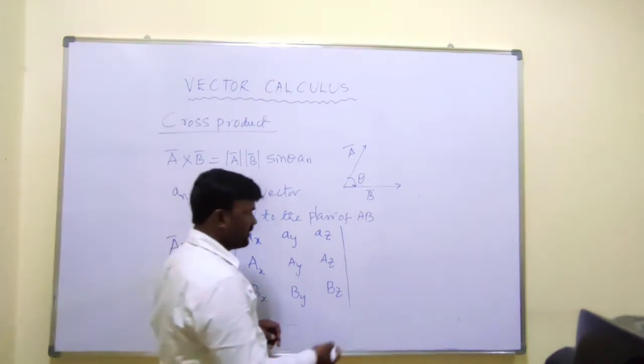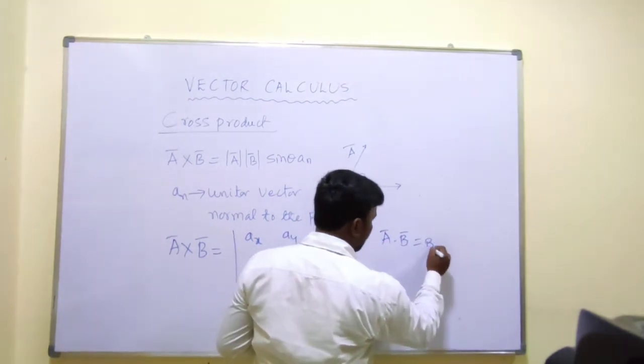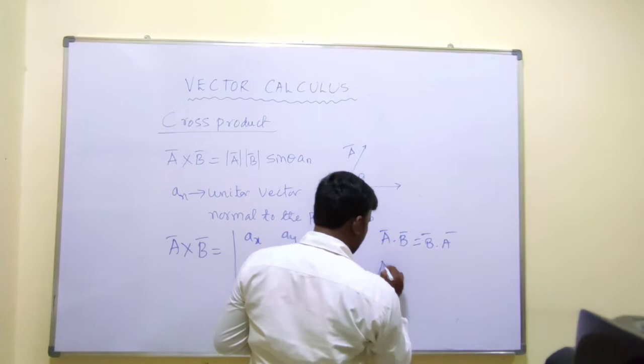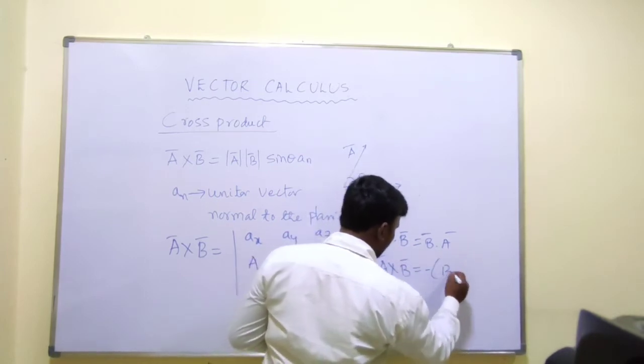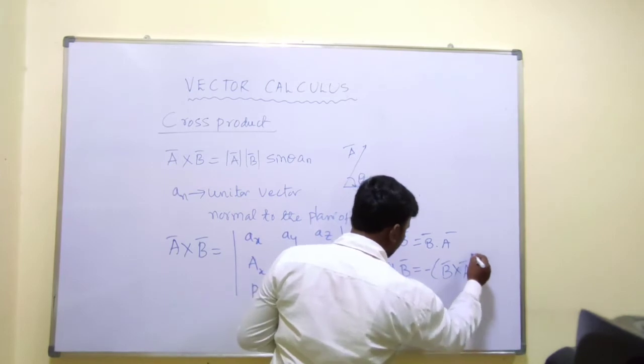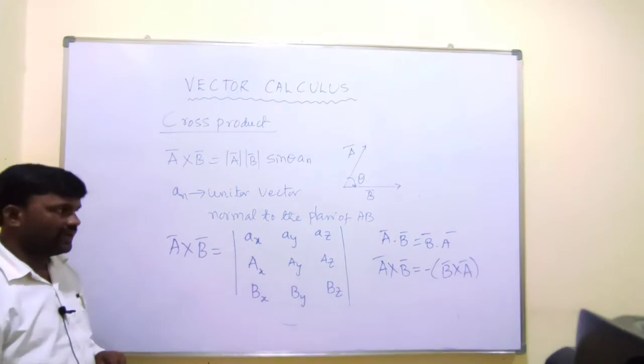And note down one thing: A dot B can be written as B dot A, whereas A bar cross B bar is equal to minus B bar cross A bar.